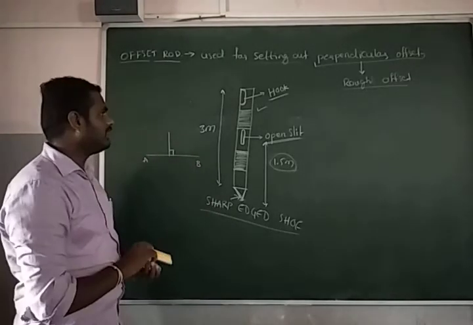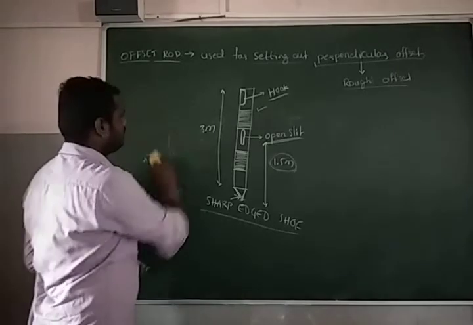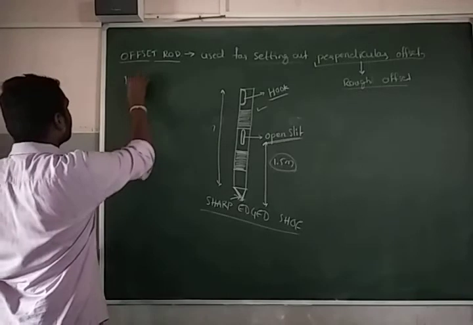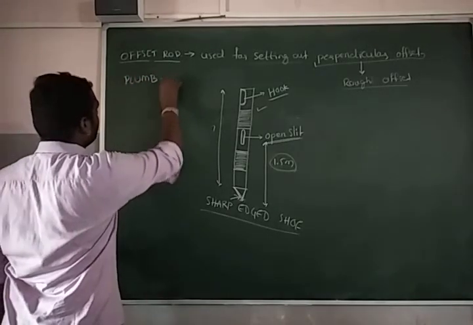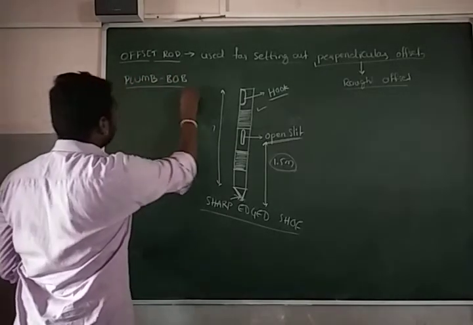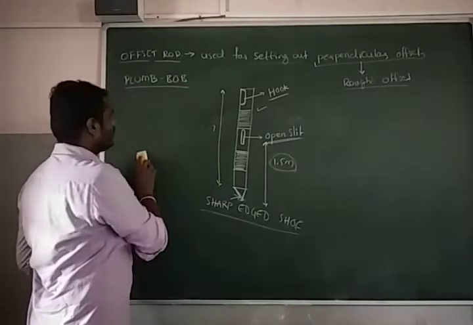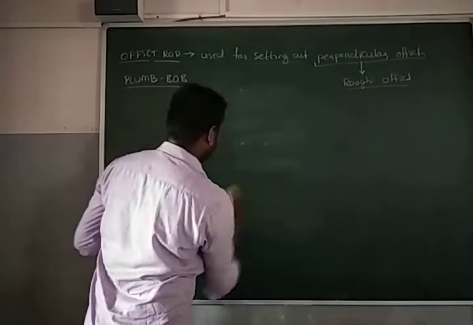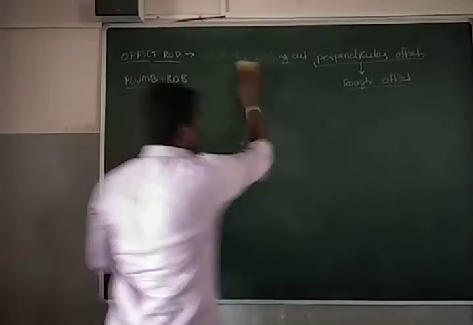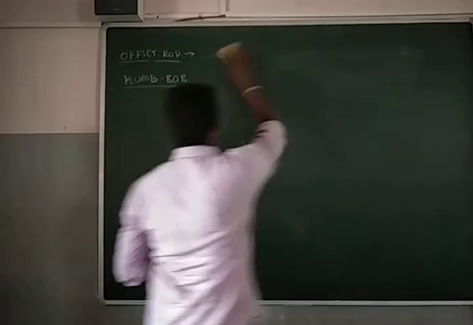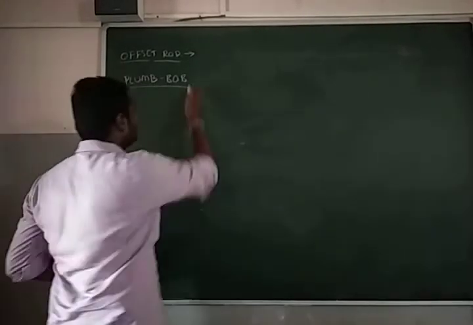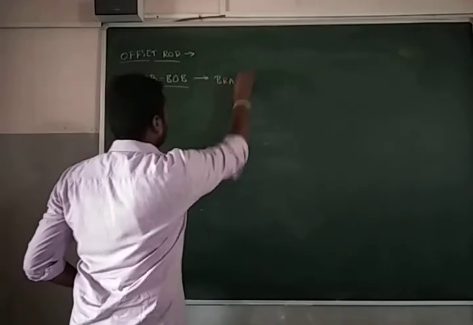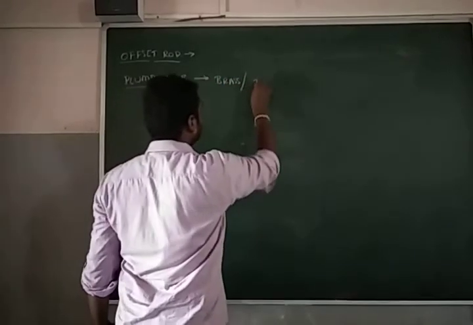Next we will see another minor equipment, that is the plumb bob, which is utilized in leveling. By using this one you can check the verticality of an object. Generally the plumb bob is made of brass, or it may be made of iron.